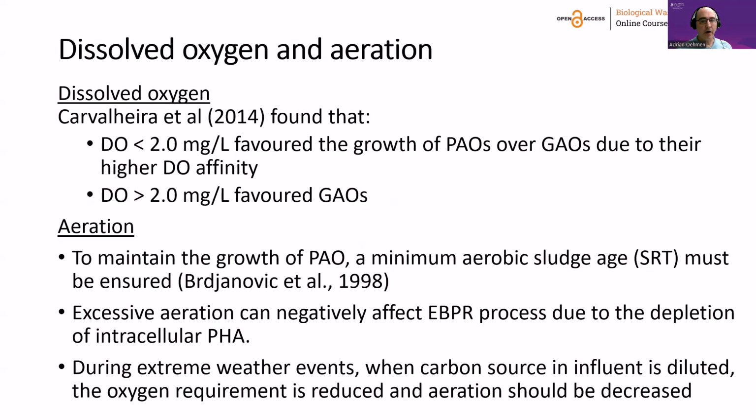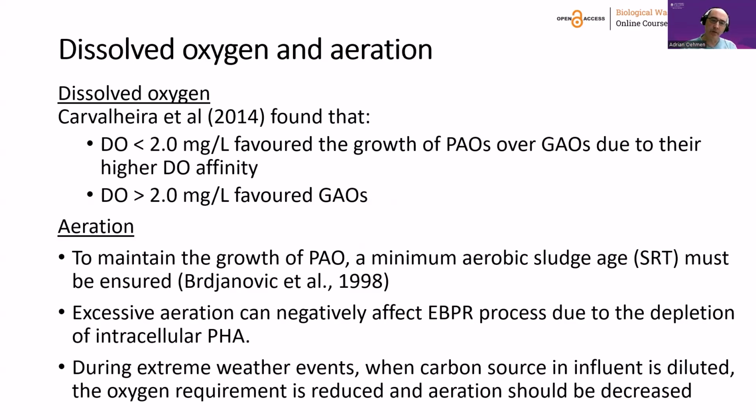Also, a minimum aerobic sludge age should be ensured to ensure the growth of PAOs. So we should have a minimum amount of aerobic time necessary to ensure good PAO growth.